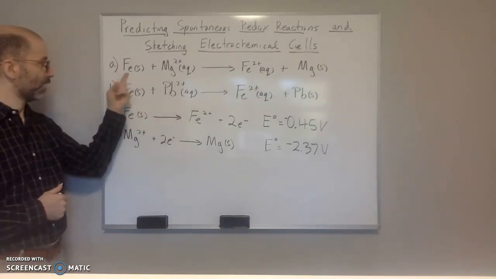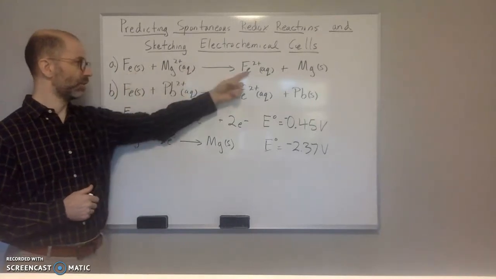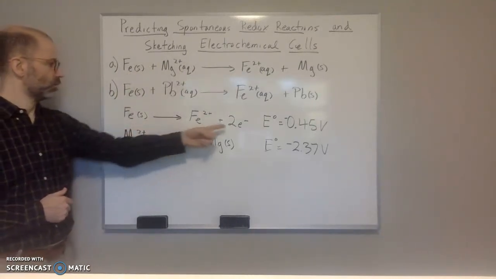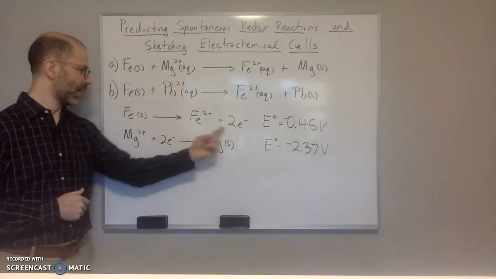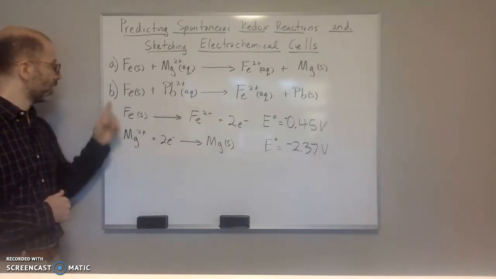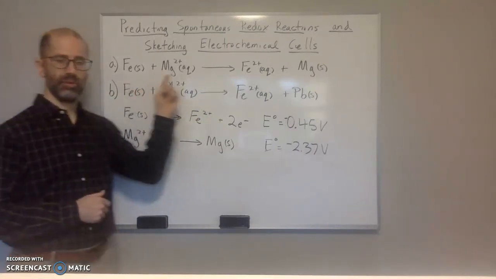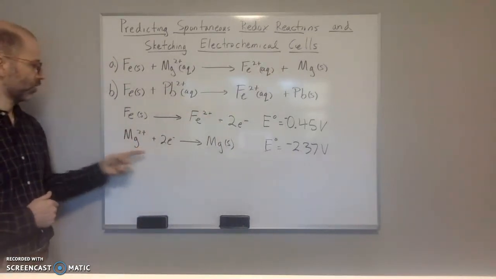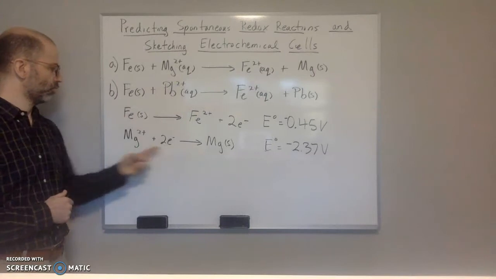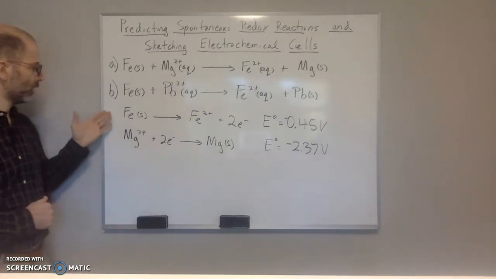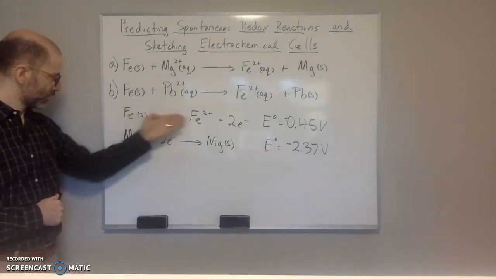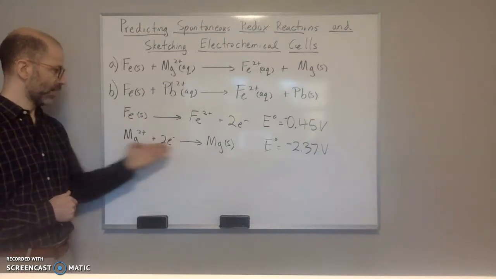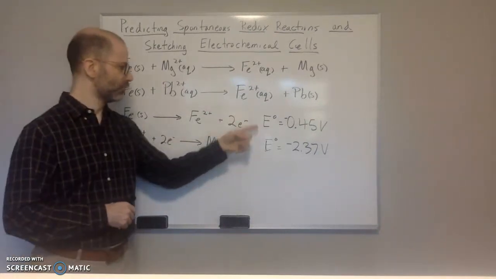So we have iron solid going to iron 2 plus. So that's going to lose 2 electrons, so it's undergoing oxidation. And then we've got magnesium 2 plus going to magnesium solid. So that's going to gain 2 electrons, so that's going to undergo reduction. So here we have the oxidation reaction, and here we have the reduction reaction.